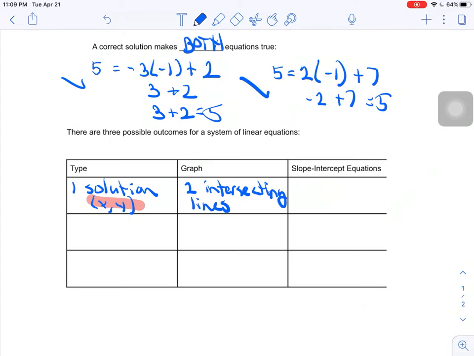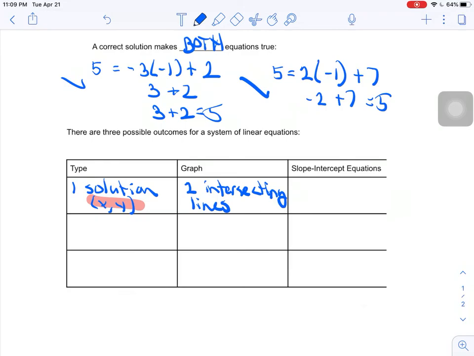Now, in order for the lines to intersect or to cross each other, they have to be going different directions. So if they're going the same direction, they won't cross. So we have to think for a minute about what makes the lines go different directions. Well, that would be the slope, because the slope controls the steepness of the line. And if the lines are 2 different steepnesses, they're going to go different directions and they will cross somewhere.